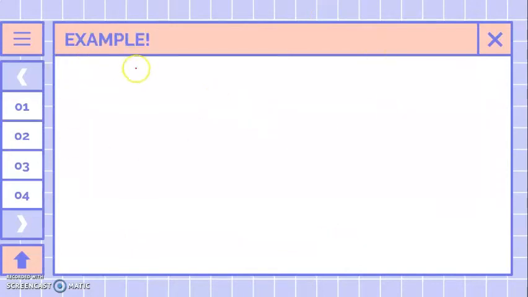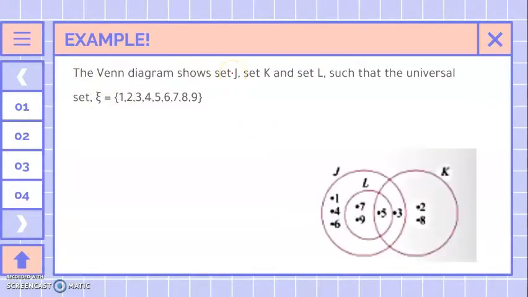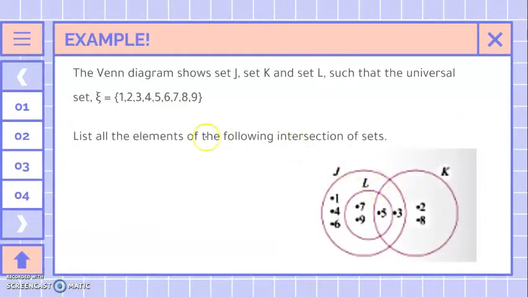Okay, we will proceed with an example for Venn diagram. The Venn diagram shows set J, set K, and set L such that the universal set is 1, 2, 3, 4, 5, 6, 7, 8, 9. So you have here the Venn diagram. The question wants you to list all the elements of the following intersection of sets.